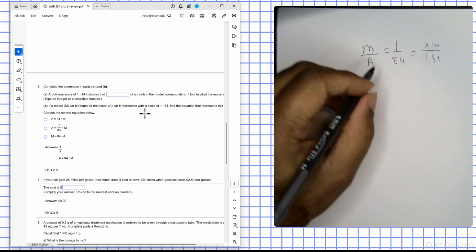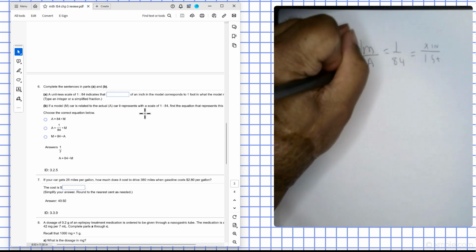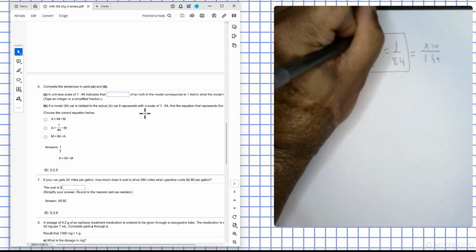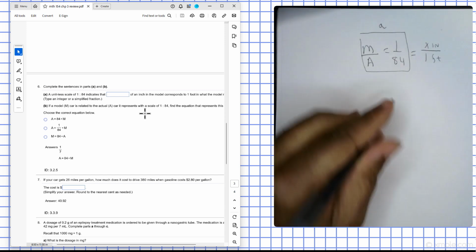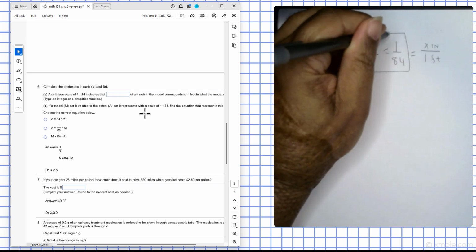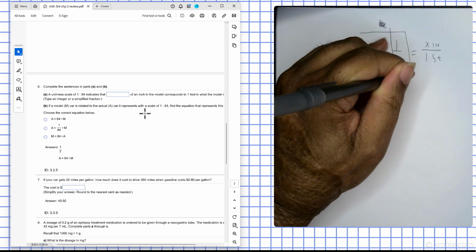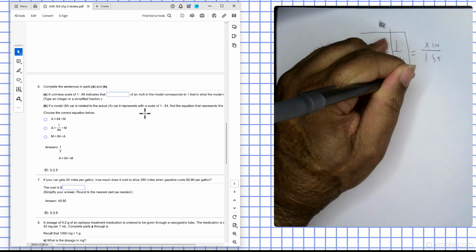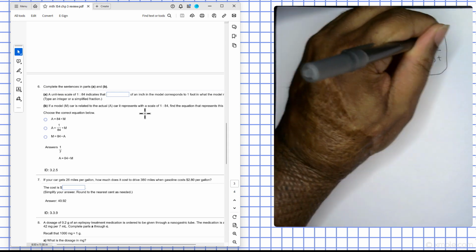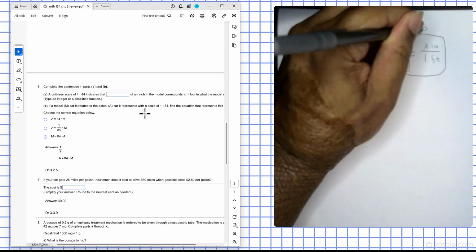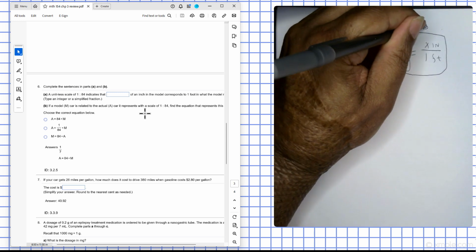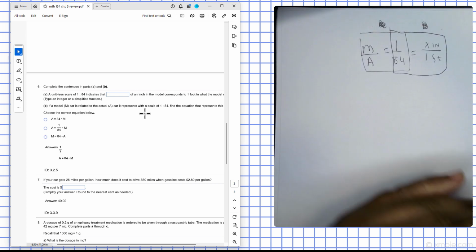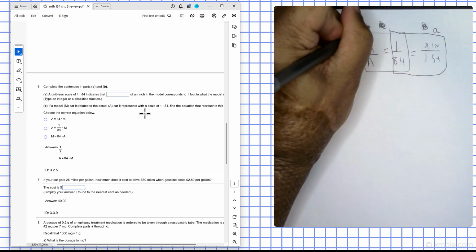So we can use this part here for A. See the answers there. This is the part for B, and this is the part for, I'm getting mixed up. This is our A here, and this is our B here.